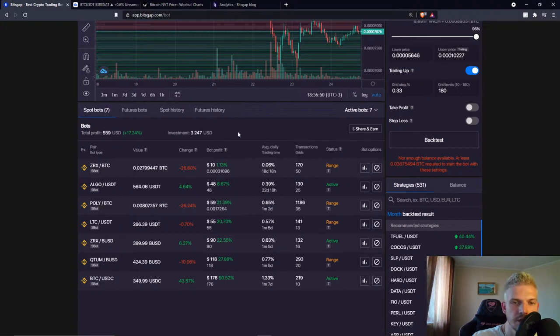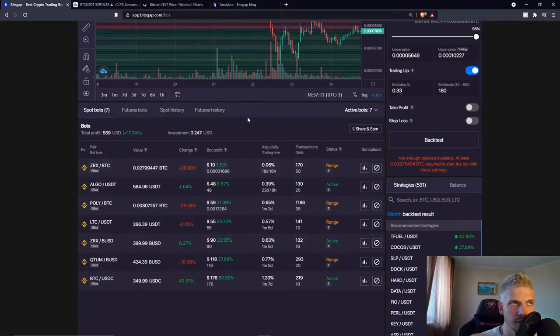This metric would show me the aggregate return based on all of my active trades. As of now, the return you see is basically the return generated by the bot, which is $559, and that's exactly 17% of my total investment, which is here.